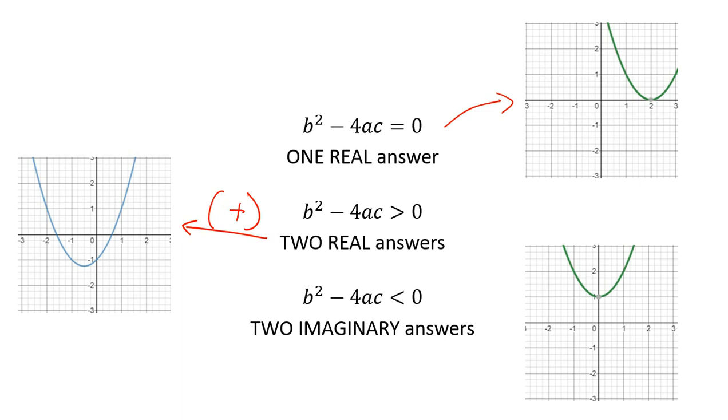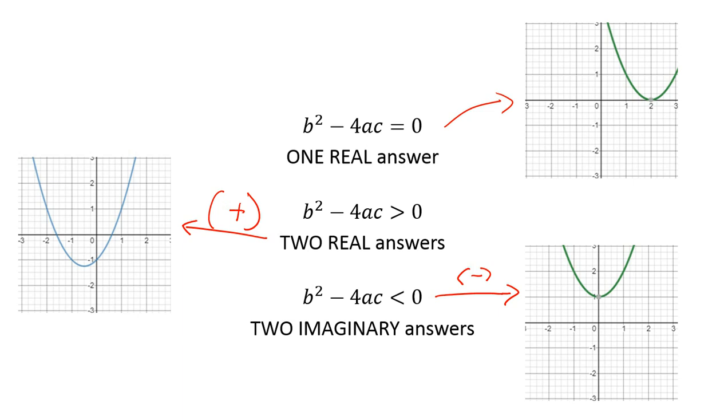The last option is that b squared minus 4ac is less than 0, which means it's negative. If you do that calculation and end up with a negative, you have 2 imaginary answers. We're not going to go into detail about imaginary numbers in this class. That's an Algebra II topic that we talk about early in the year. But you have real numbers and imaginary numbers. Imaginary numbers fall into the square root of negative 1 category.